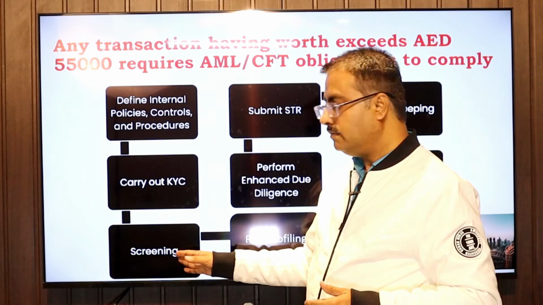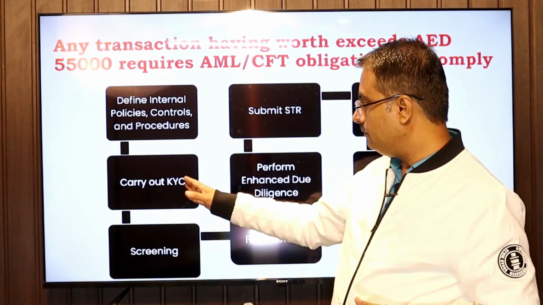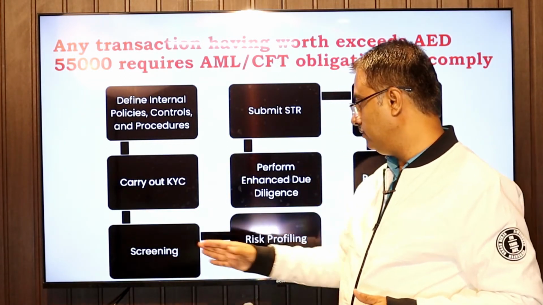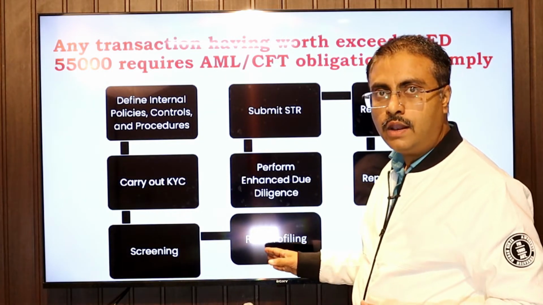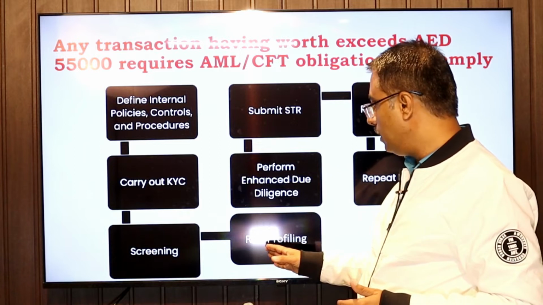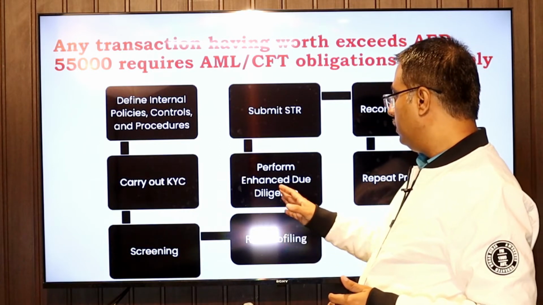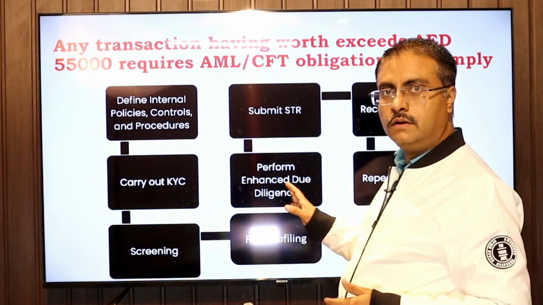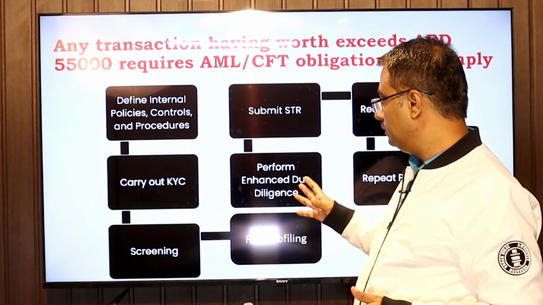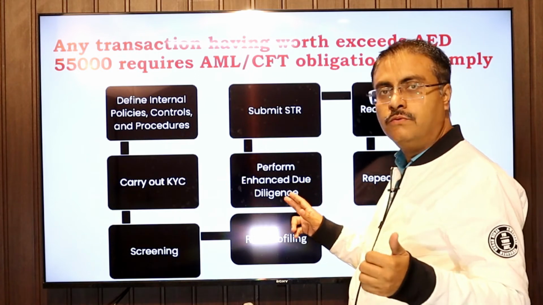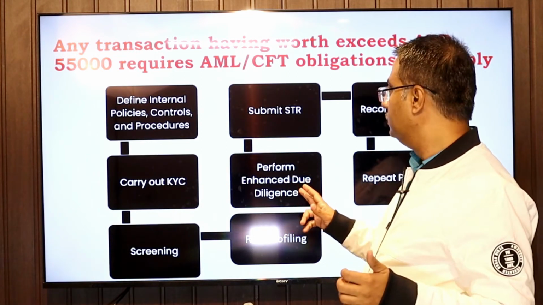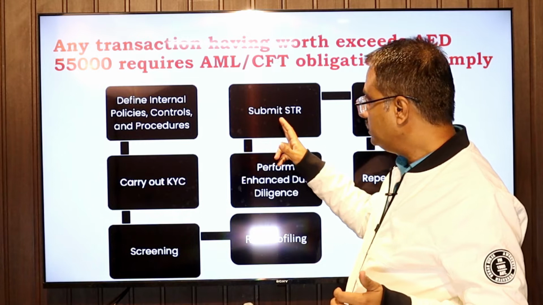This is screening. Definitely after getting the KYC, you have to do screening. After that, you have to do risk profiling: whether they are high risk customers, or medium risk, or low risk. After categorizing the risks, for high risk you have to go for detailed due diligence. Then submit the STR.